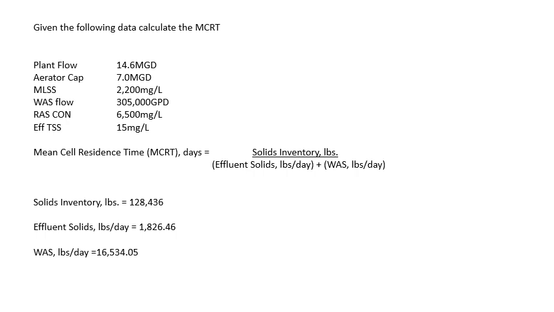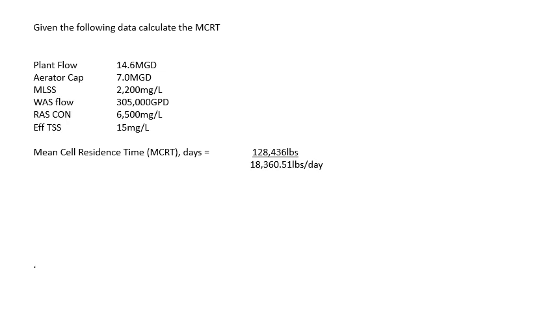So now we can start plugging those into our mean cell residence time formula. 128,436 divided by 1,826.46 plus 16,534.05. So you add the bottom ones together first.